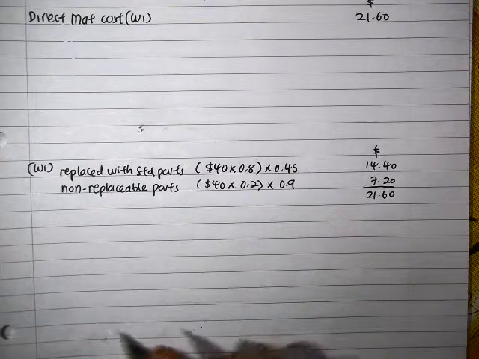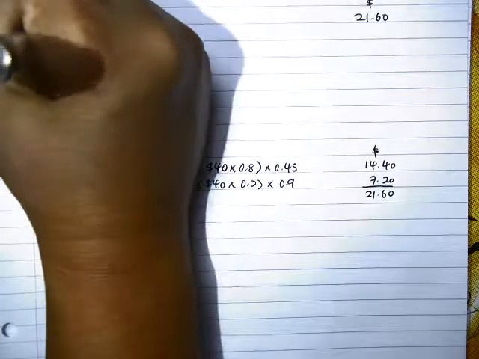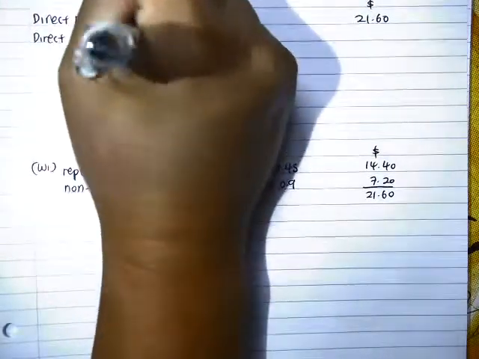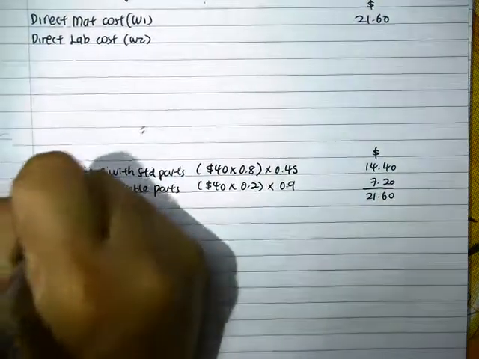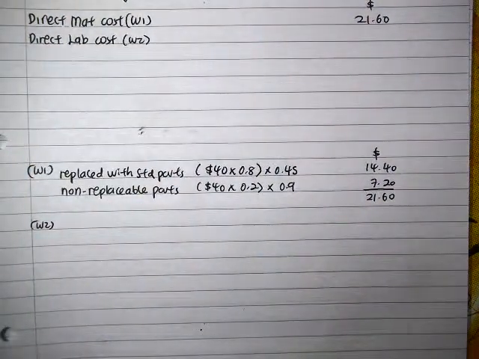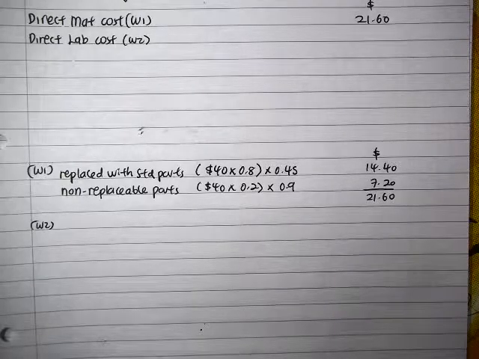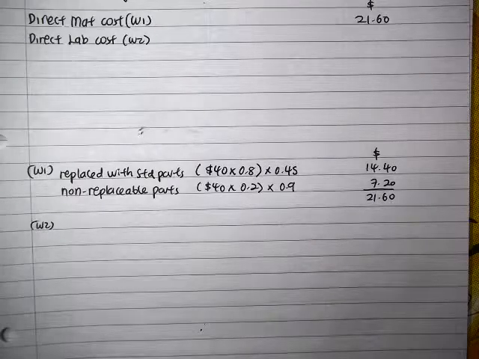Okay. Labor. Now this time we have to show again the life cycle cost. So the life cycle is based on if you produce 50,000 units. So if you're producing 50,000 units, then you need to work out what labor cost you're going to pay from the first unit right up to 50,000.